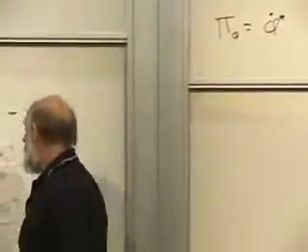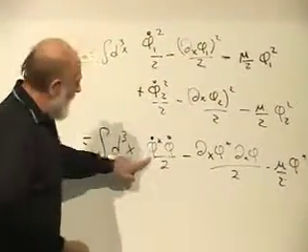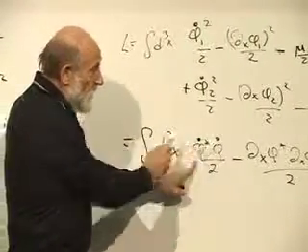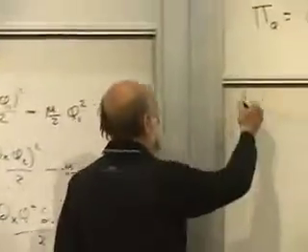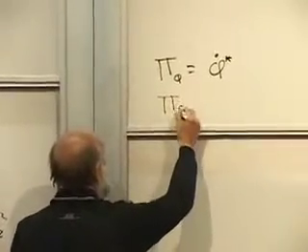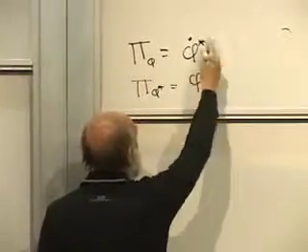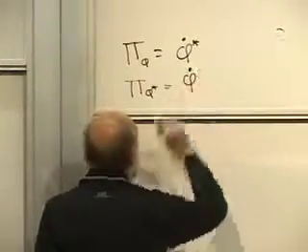What's the canonical momentum conjugate to phi star? That's the derivative of the Lagrangian with respect to phi star dot. That's phi dot. Pi conjugate to phi star is equal to phi dot.